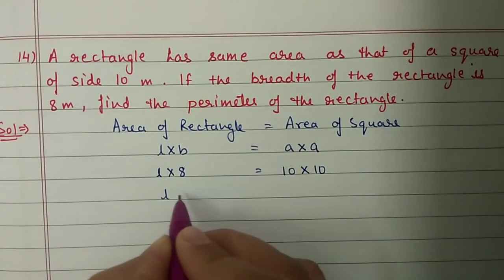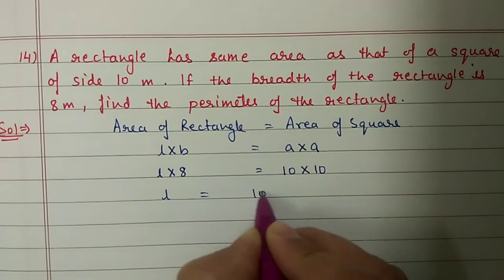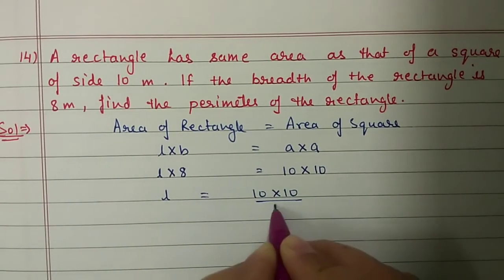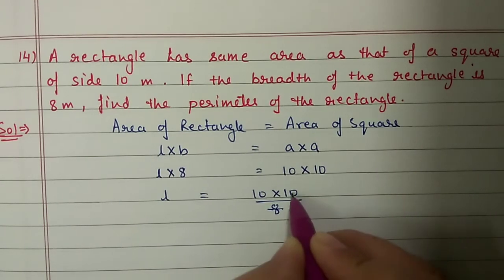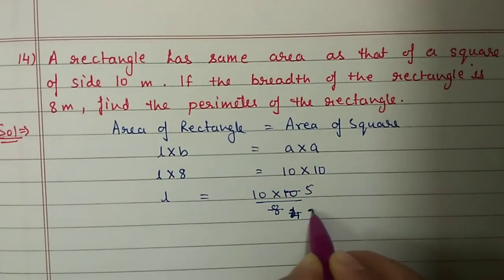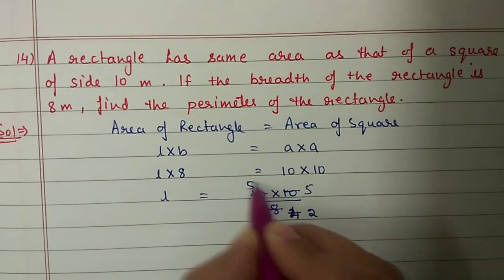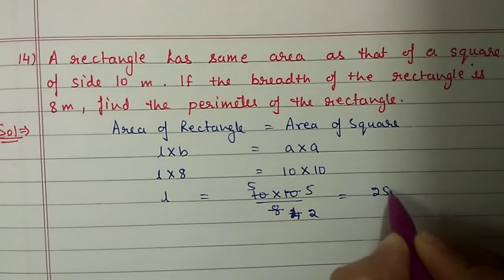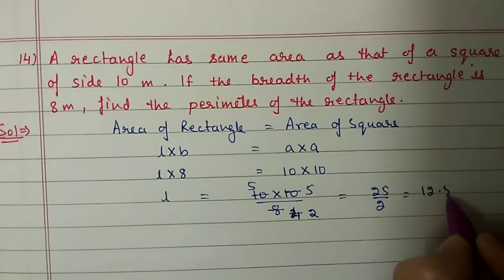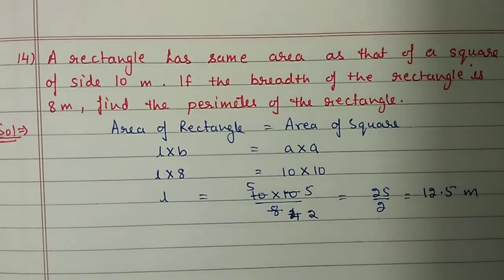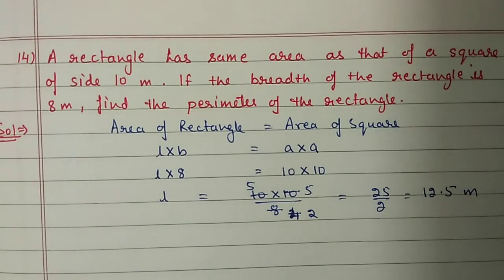So length is equal to 10 into 10 by 8. We can cancel: 2 fours are 8 and 2 fives are 10, so 25 by 2, which is equal to 12.5 meter. So length we got here 12.5 meter.